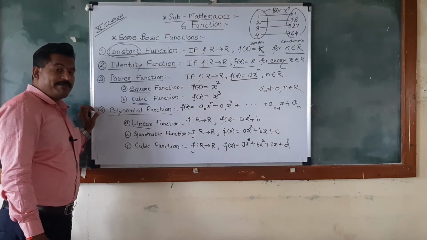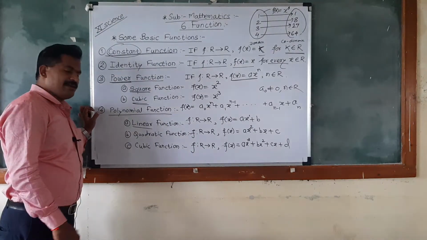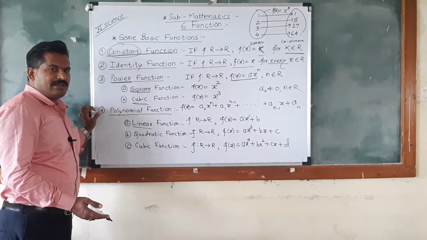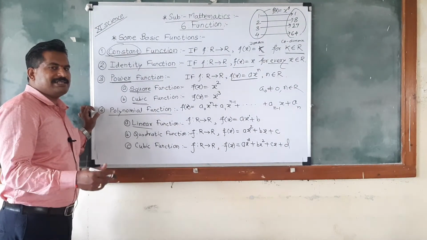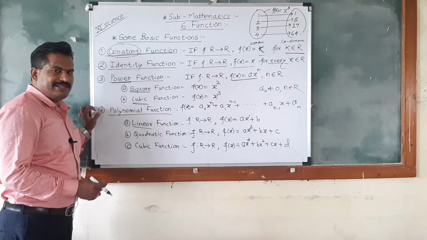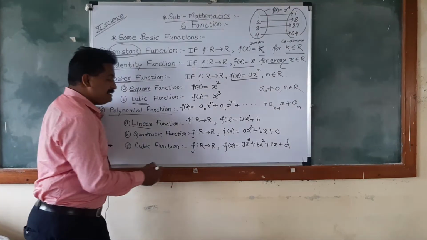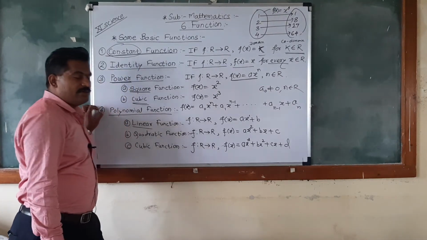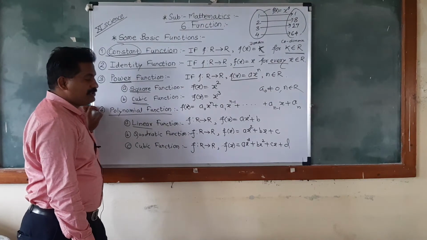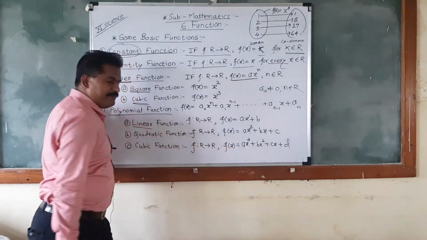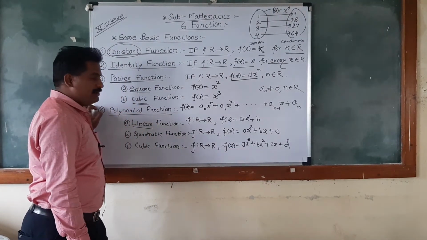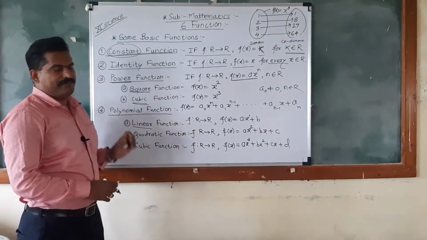Next, cubic function. The polynomial with highest degree 3. f goes from R to R, f of x is equal to ax cube plus bx square plus cx plus d.